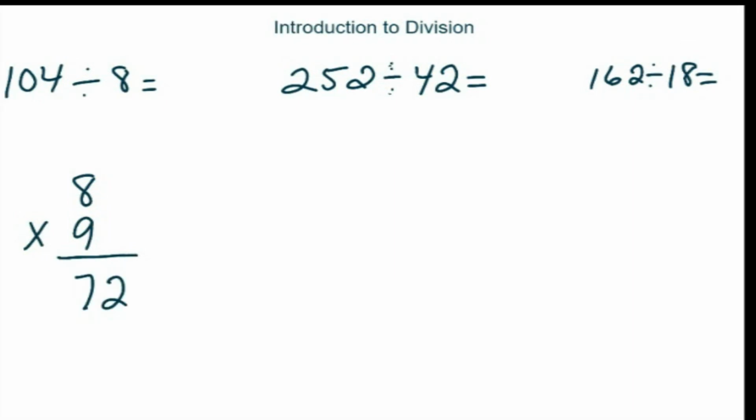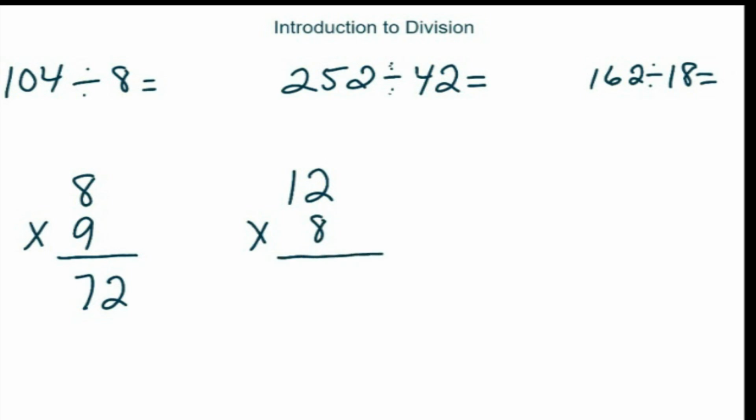So 9 is not the number because multiplying 8 by 9 only gives us 72. 72 is not the number we're looking for. We need to multiply 8 by a higher number. Let's try 12. 8 times 12.